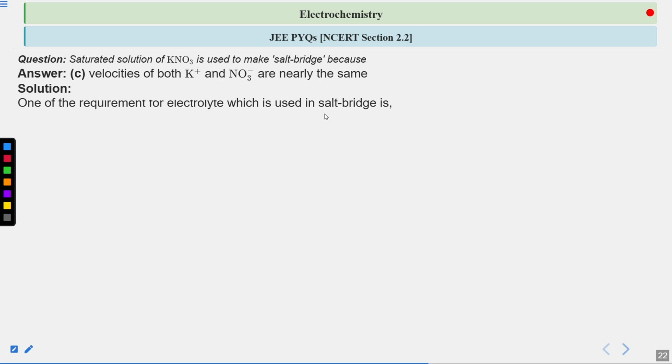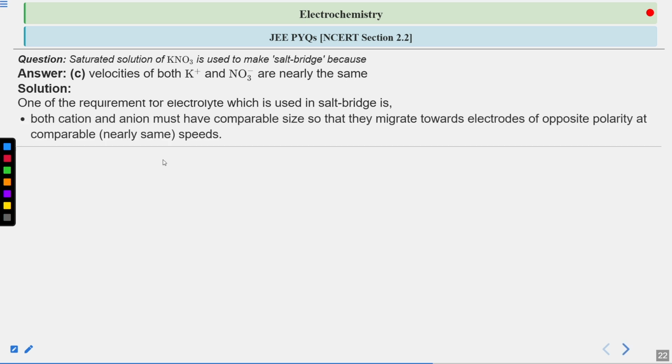One of the requirements for the electrolyte used in the salt bridge is that both the cations and anions must have comparable size, so that they migrate towards the electrodes of opposite polarity at nearly the same, comparable speeds, to maintain neutrality.